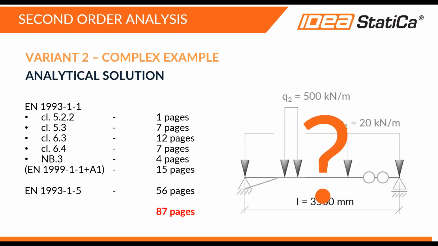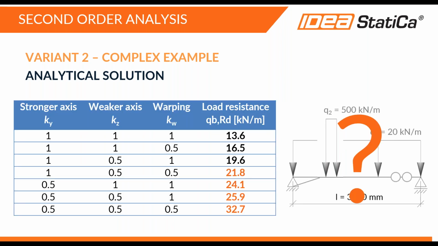And here I come to another fact for the hand calcs or the analytical solutions. When I tried to do this for this complex example, I ended up going through half of the code, actually, more than 80 pages. At the end, I was not able to precisely calculate the code check, because I didn't know the stiffness of the supports.